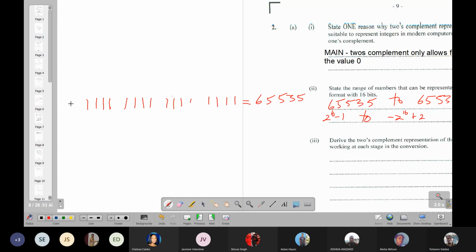The 17th bit would represent 65,536. So the biggest number that this group of digits could create is 65,535, which is why you take the value that would have been at the 17th bit and minus 1 from it. Do you understand where I'm coming from?